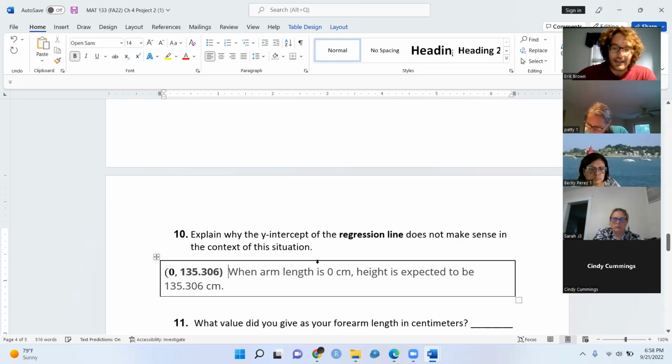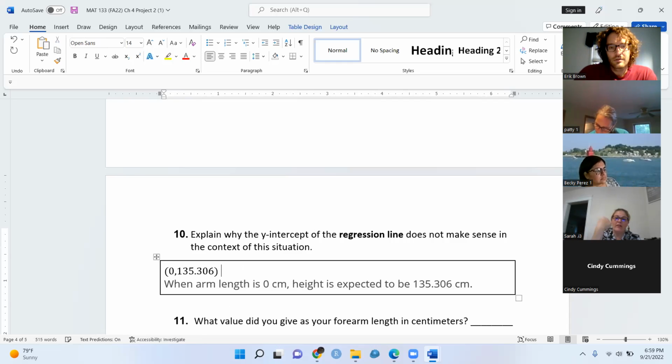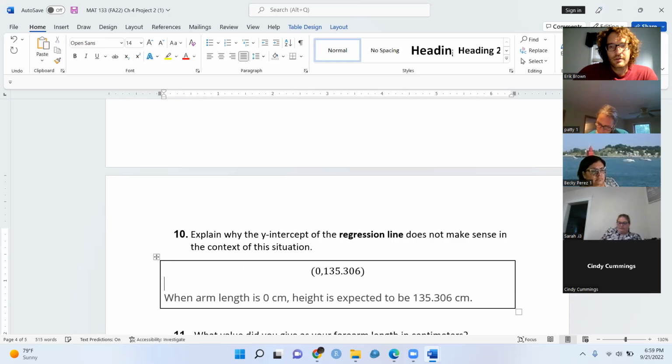Now, why doesn't that make any sense? A really long arm for being not tall at all. Right. Really tall for not having any arm length. Yes.